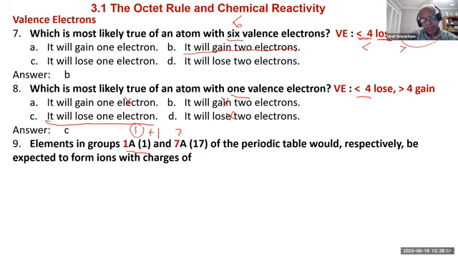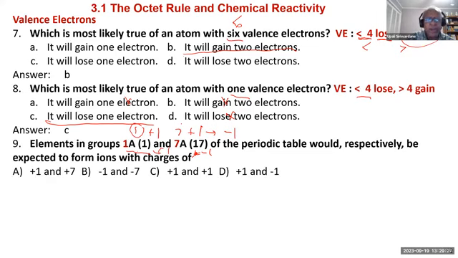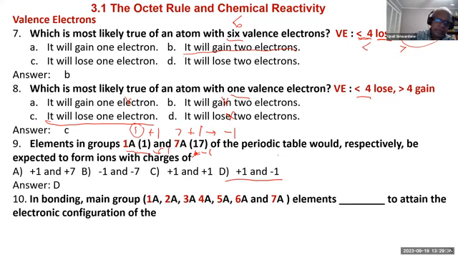If it's greater than 4, 7 is greater than 4, they gain 1 electron and become negative. So this one becomes a positive 1 ion, and this becomes a negative 1 ion. Positive 1 and negative 1 is this choice. Therefore, answer is D.